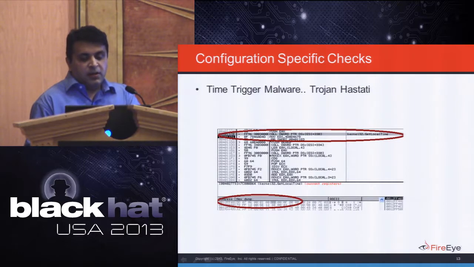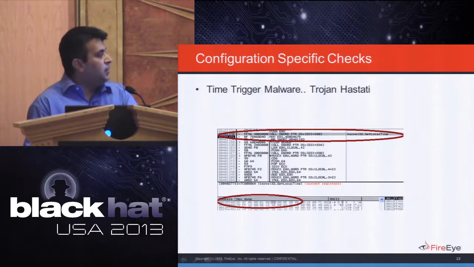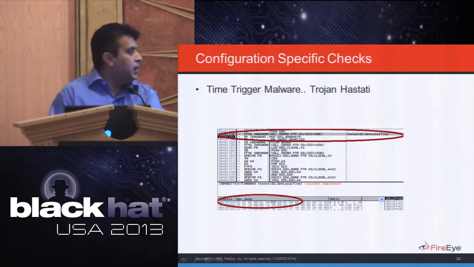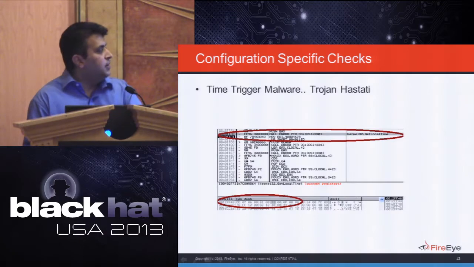The time triggers, or time bombs, are very specific samples. This particular sample was used to wipe out drives of computers in Korea. The whole execution in this case can be broadly divided into two parts. As part of the first step, it makes use of the GetLocalTime API to get the current time.